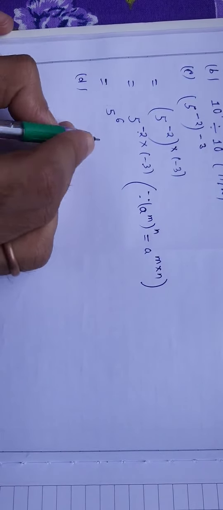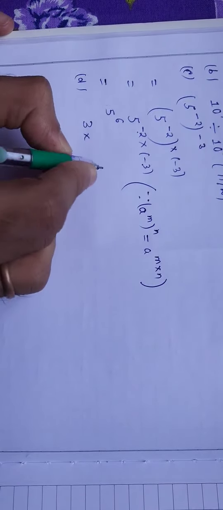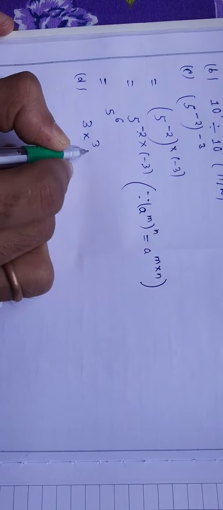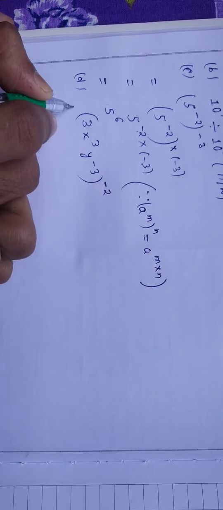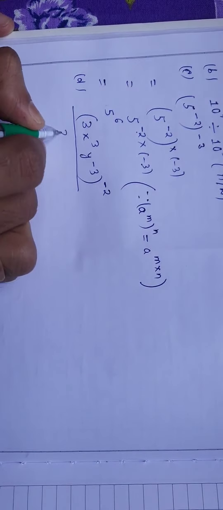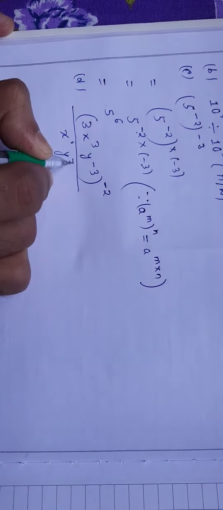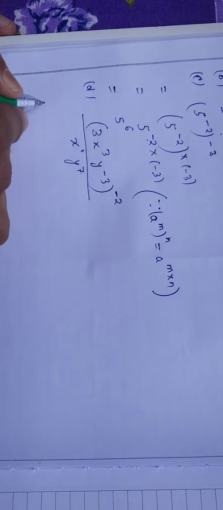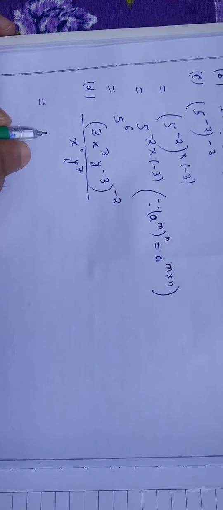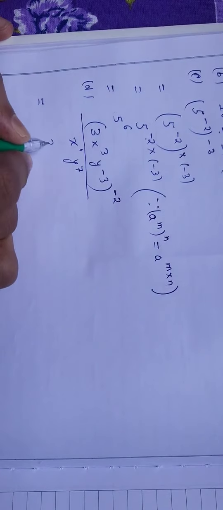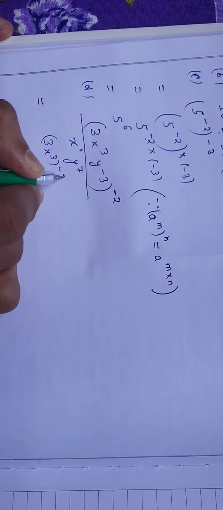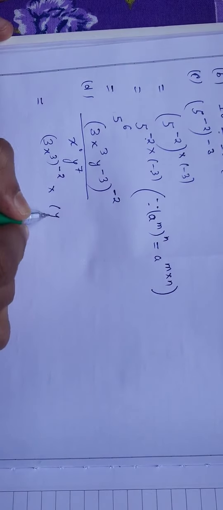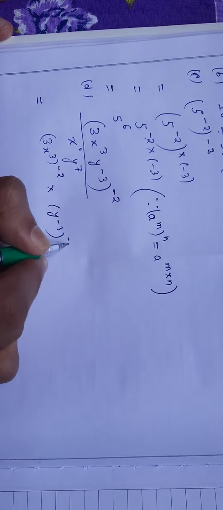Next question number D. 3x cube y to the power minus 3, whole to the power minus 2, divided by x to the power 0 y to the power 7. This equals 3x to the power cube to the power minus 2 into y to the power minus 3 into minus 2.